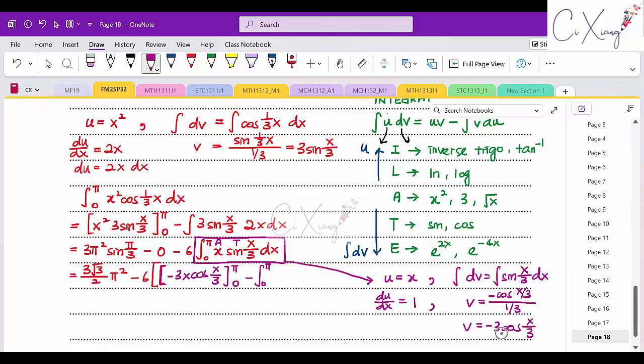So again, what is your v? This is your v, right? So you have negative 3 cos x over 3 du. So your du over dx equals 1, therefore du equals dx. Then close bracket. I hope that you can see this part clearly. This is the integration by parts for the second time.